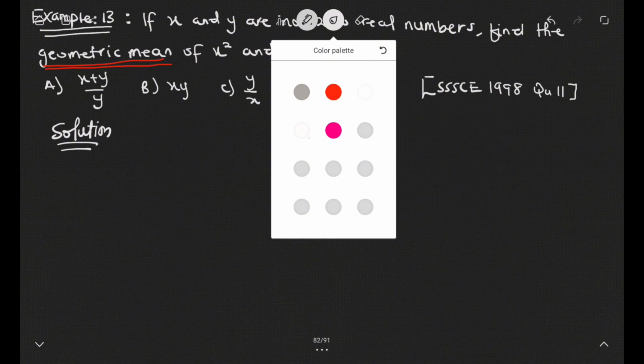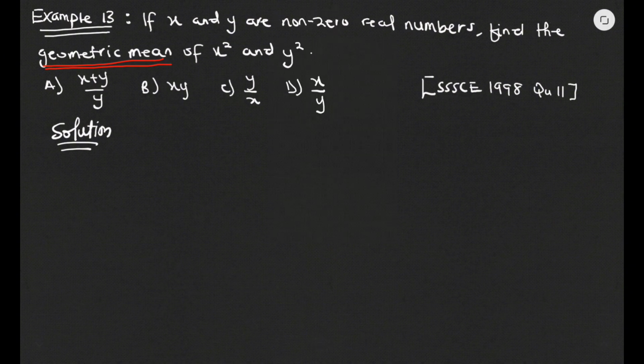When we say geometric mean in sequence and series, for instance, if I have variables a and d, their geometric mean is equal to the root of a multiplied by d, or root ad. That becomes the geometric mean.